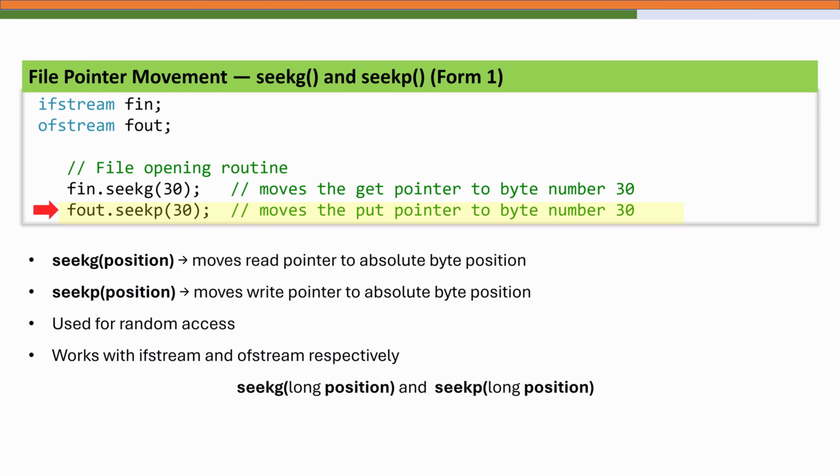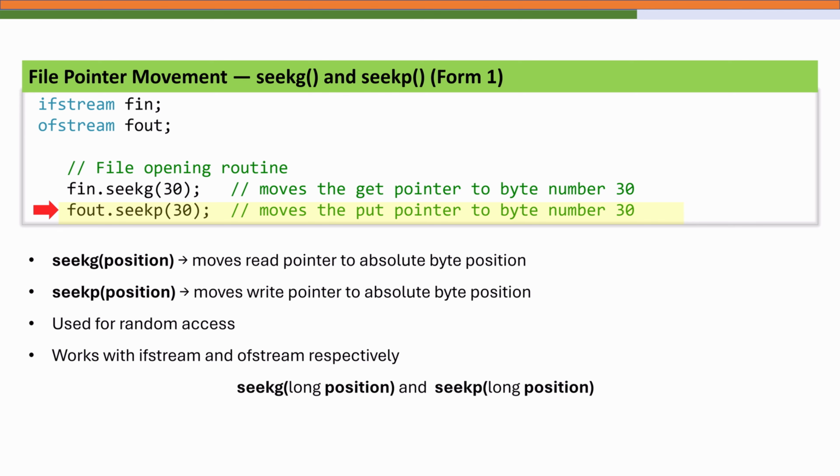So this technique gives us direct access to any specific location in the file without having to read all the previous data sequentially. You can think of it like skipping directly to a chapter in a book instead of flipping through all the earlier pages. This is extremely useful when dealing with structured data files.